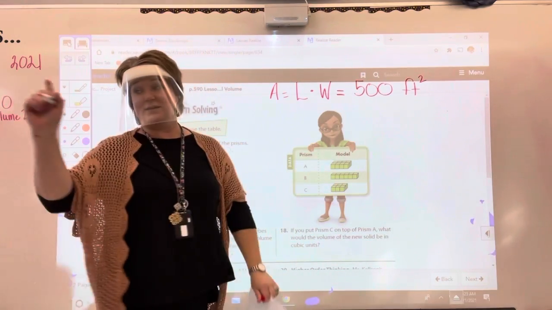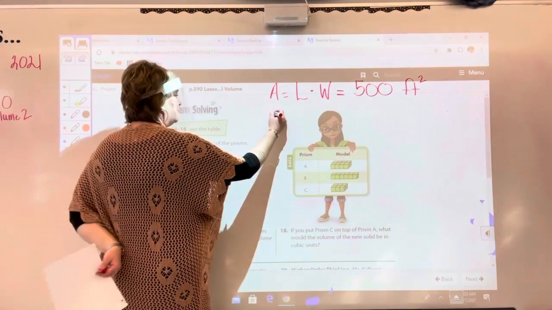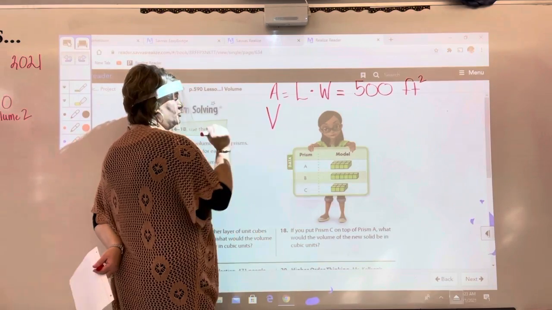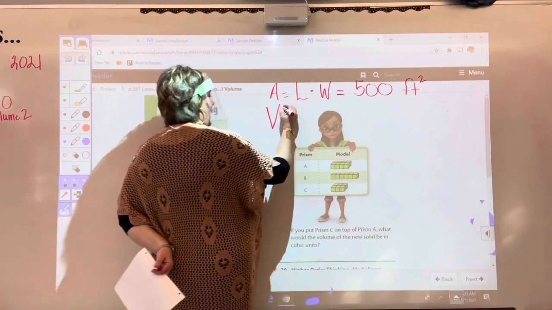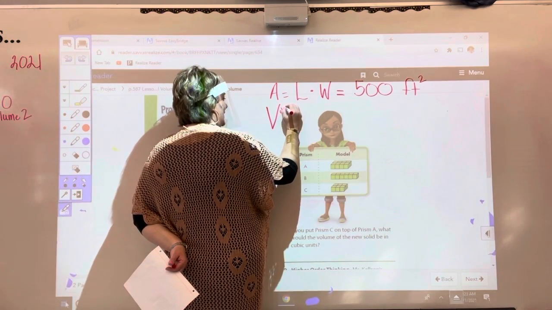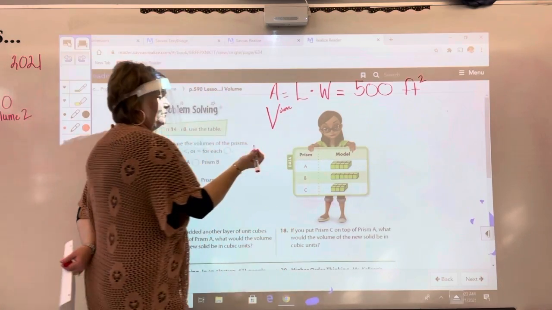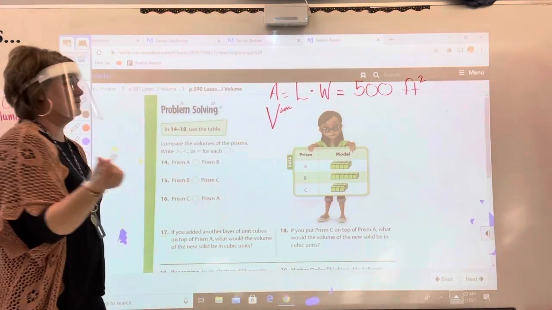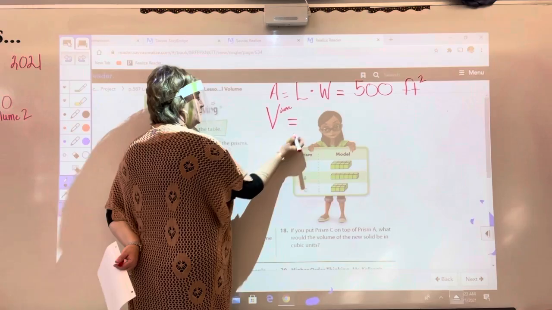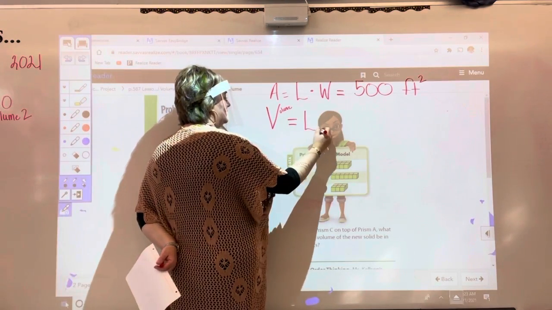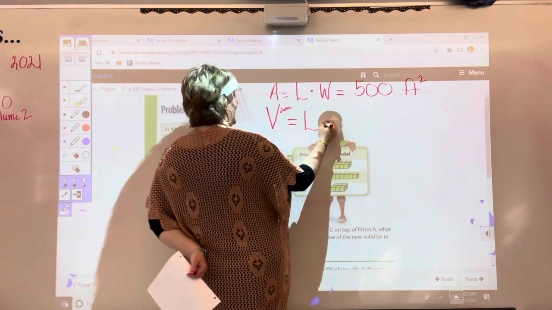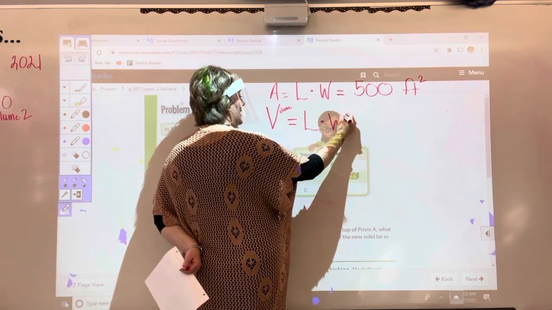So what we're doing today is we're finding volume, and I want you to put that V on your scrap paper. And in little letters out beside it, I want you to finish spelling the word volume, like that. And I want you to put an equal sign. It's length, yep. It's multiplied by width, yep.